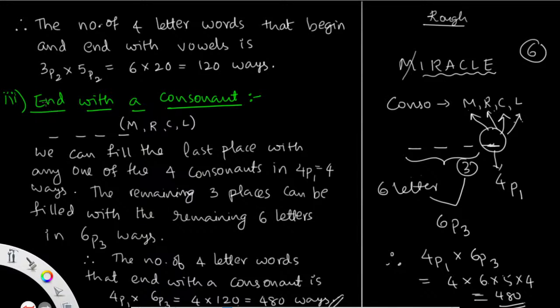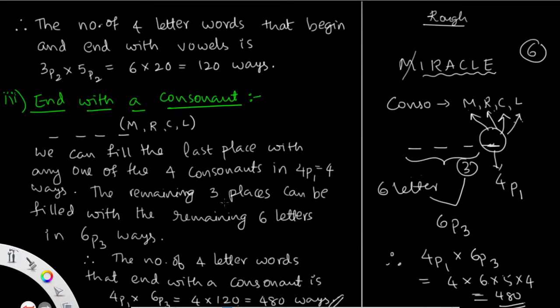So what is given in the question: the word must end with a consonant. To get a 4-letter word, the last place must be filled with any one of the 4 consonants, M, R, C or L. It can be done in 4 ways.